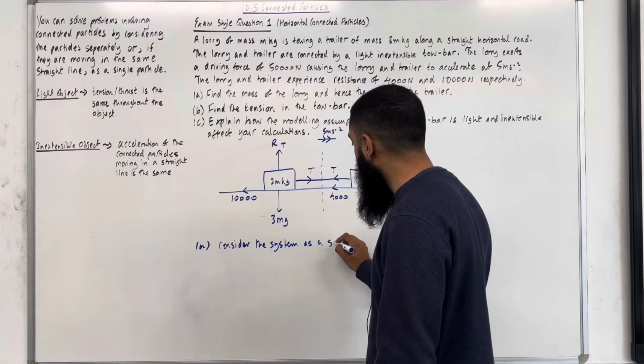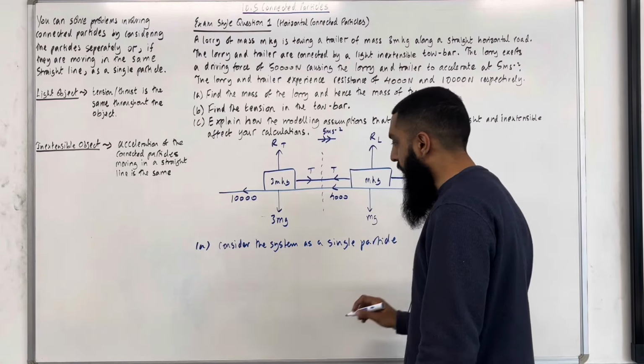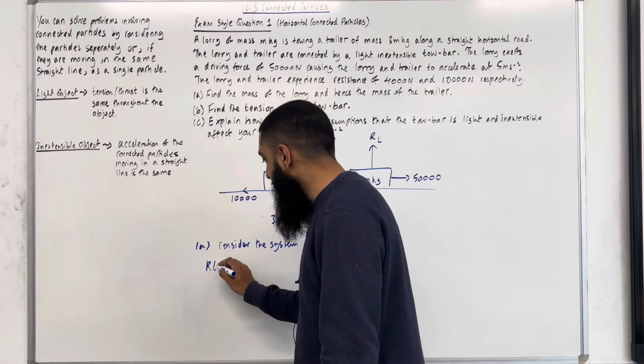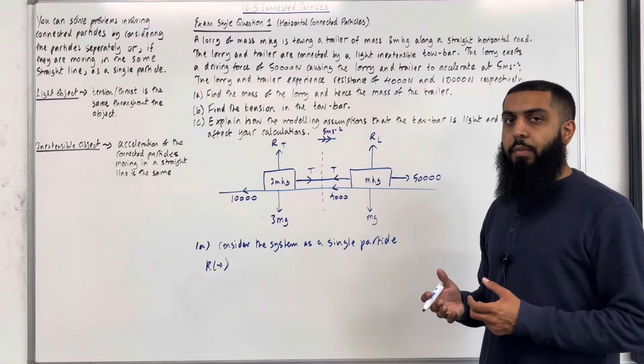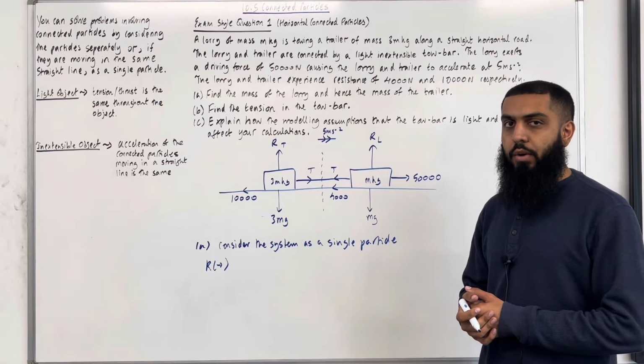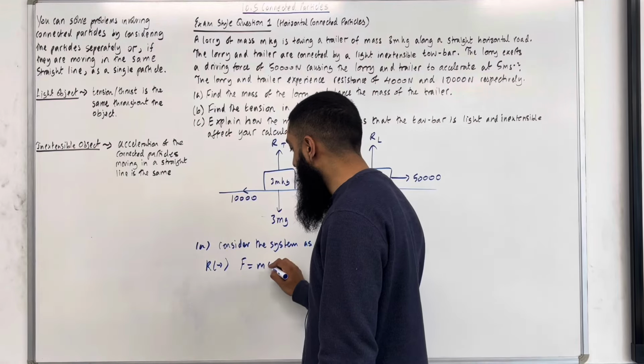as a single particle. So I'm going to resolve horizontally, taking right to be the positive direction, and to generate the equation of motion, I'm going to use Newton's second law, F equal ma.